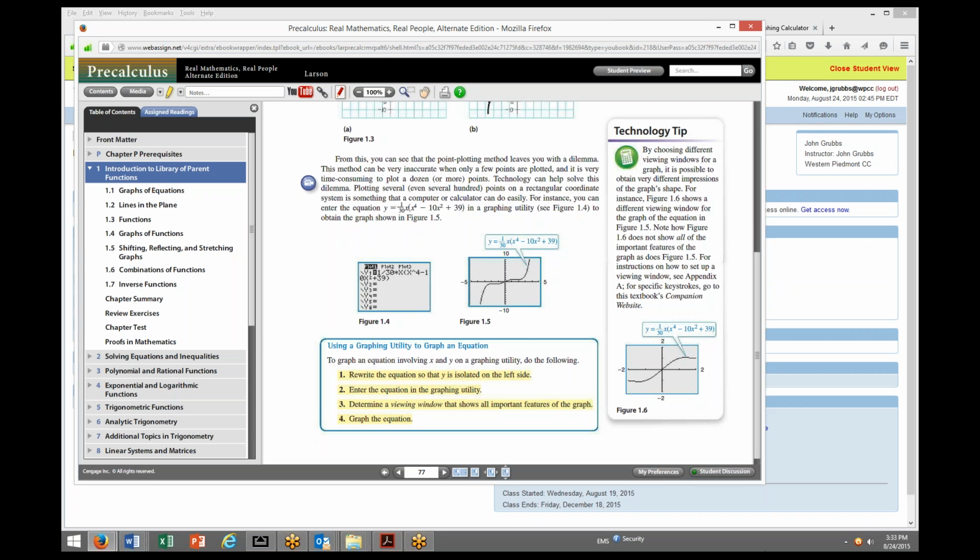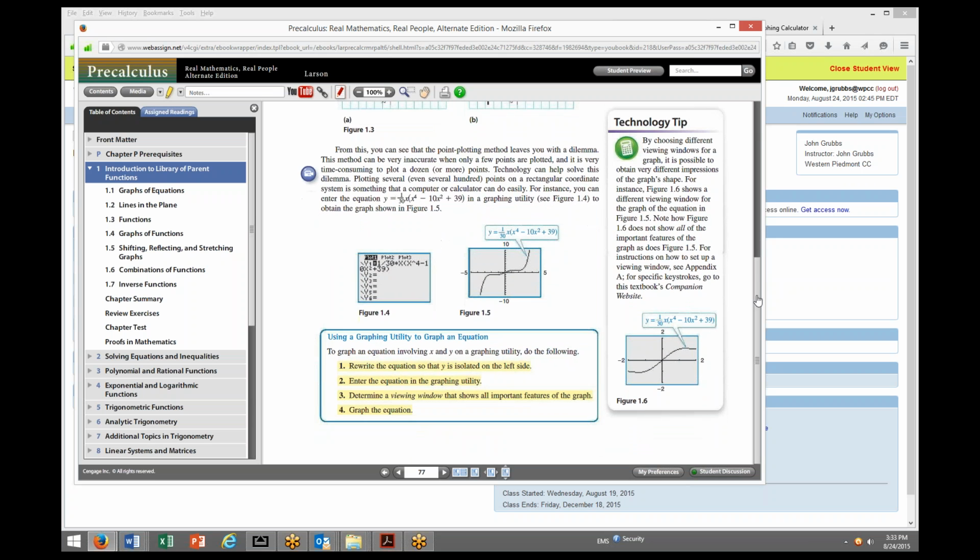Whatever it is you might need to do, finding the y-intercepts on a graph, or finding the zeros of a function, such as we'll be talking about in another chapter. But I just want to offer that to you, that you can literally use a search engine to discover how to use your calculator when you need help with that.